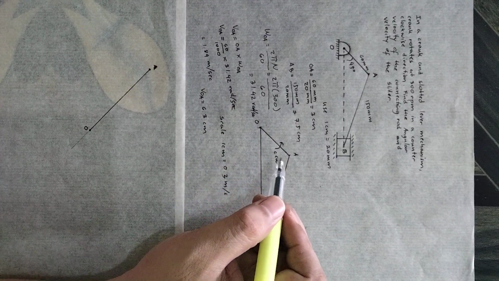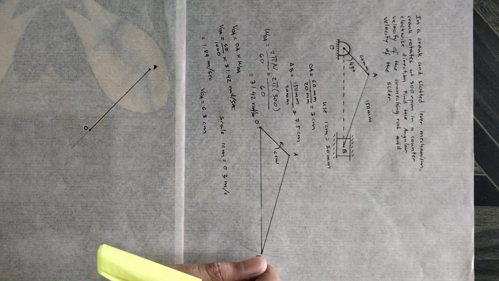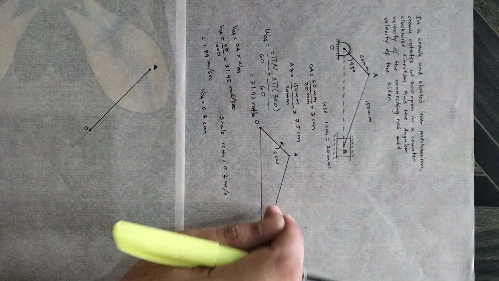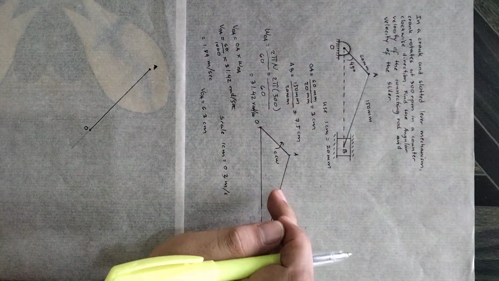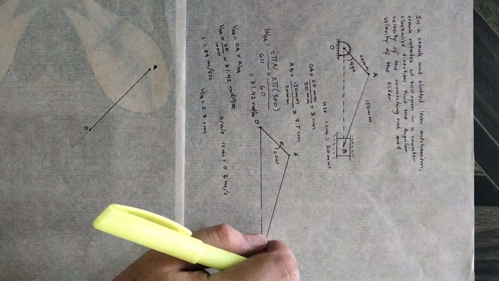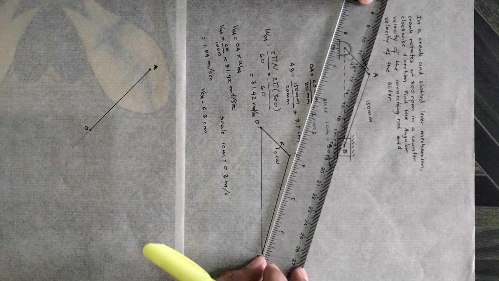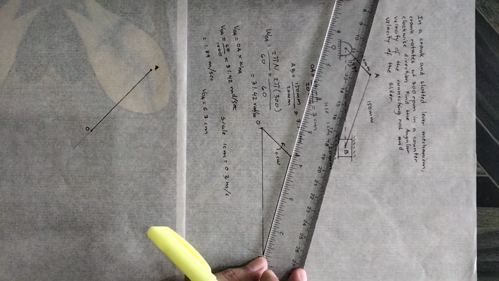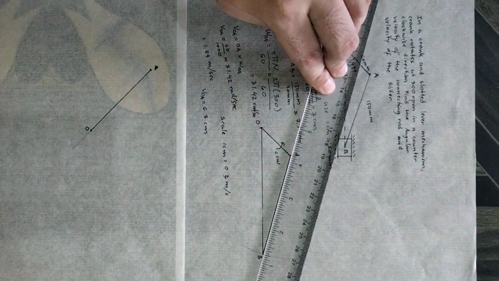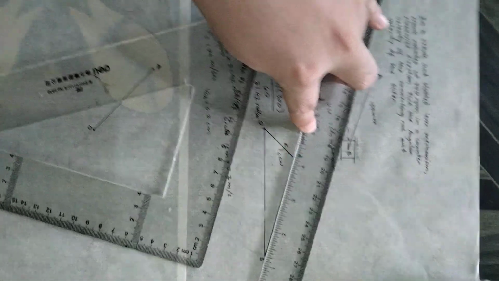Okay? So next we need to determine the perpendicular or the linear speed of this crank AB. So again, it is perpendicular to this line. So just use your ruler and triangle.